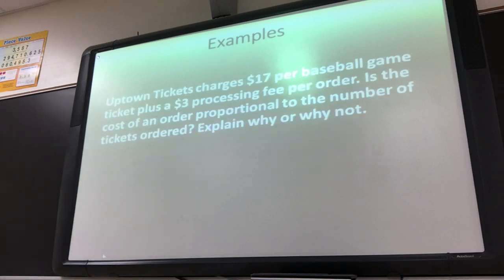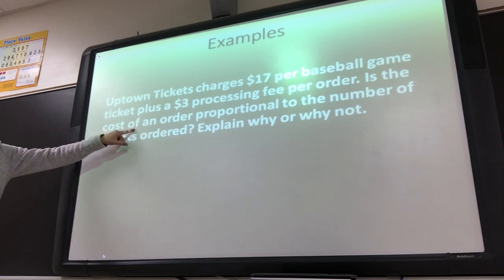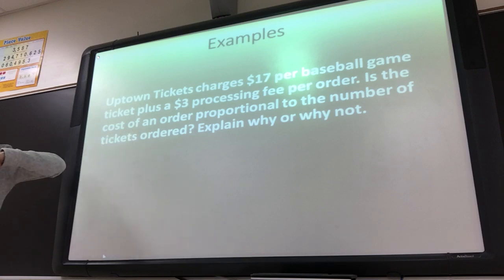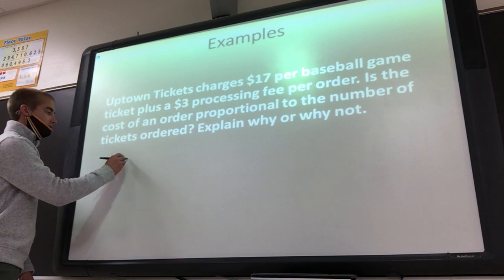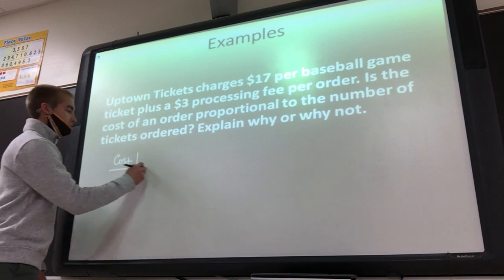Uptown Tickets charges $17 per baseball game ticket plus a $3 processing fee per order. So the two things we're comparing: the cost of an order, is that proportional to the number of tickets ordered? So the two different things we're going to have in our table are the cost and number of tickets.